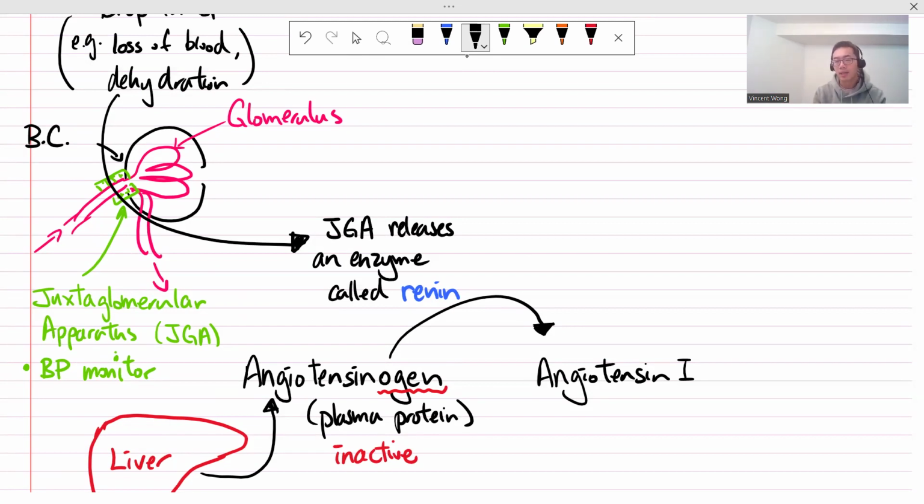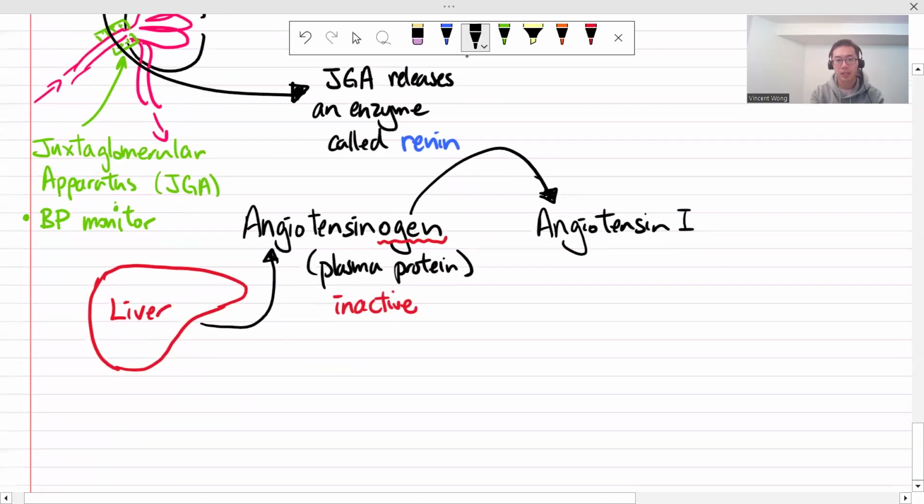But otherwise the angiotensinogen is going to stay as the inactive form, unless you have renin. And you're not going to have renin unless you have low blood pressure, right? Okay. So there is going to be the angiotensin number 1.